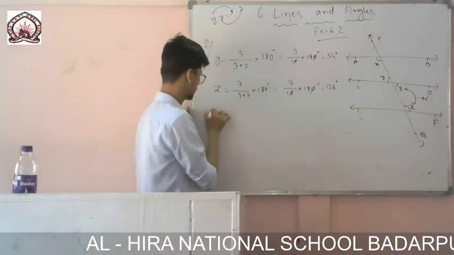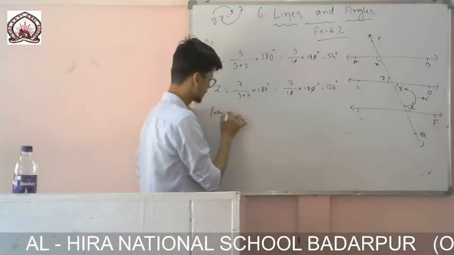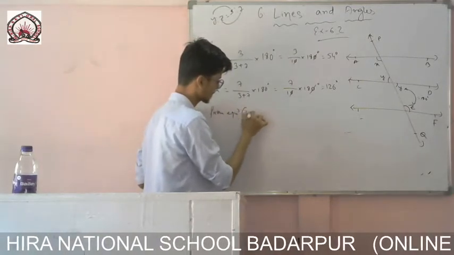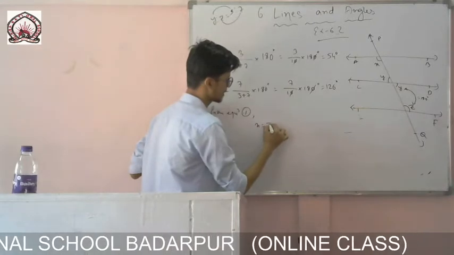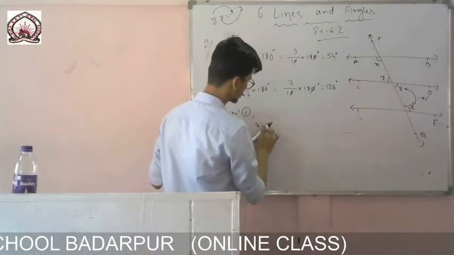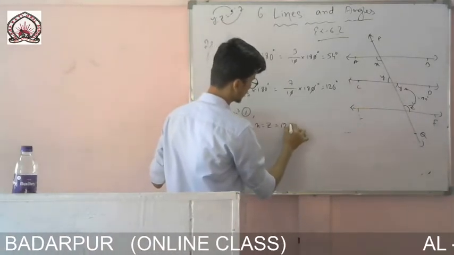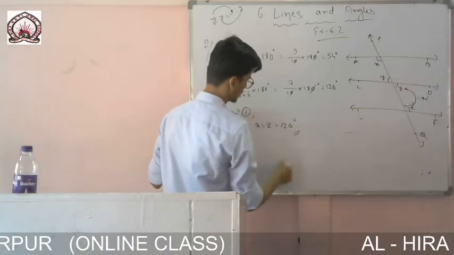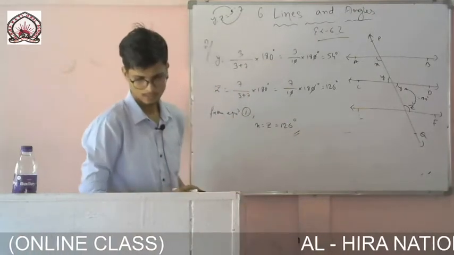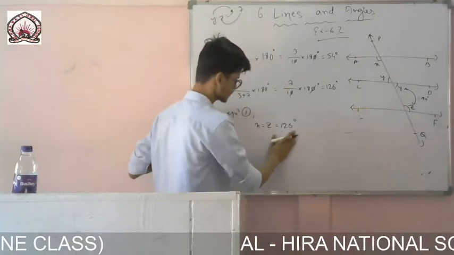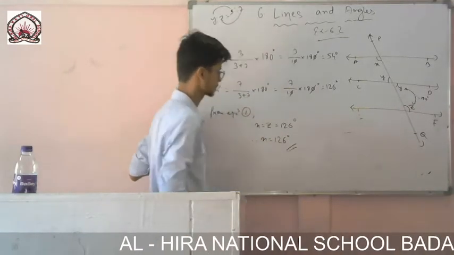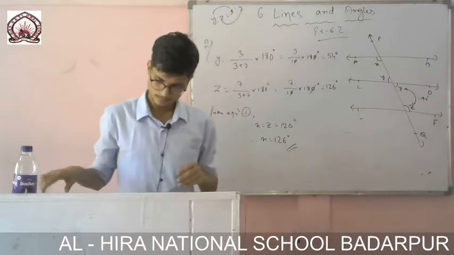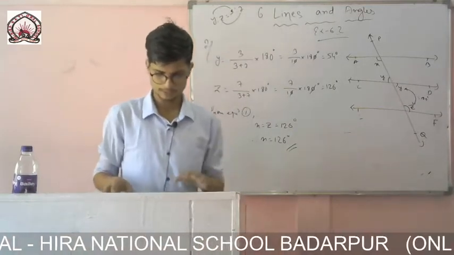So therefore, from equation 1 I can write: since x equals z equals 126 degrees, the value of x is 126 degrees, and write x is equal to 126. Okay, so this is the end of this question.